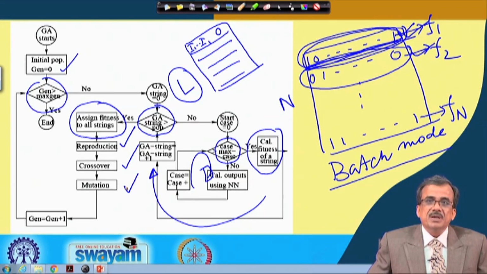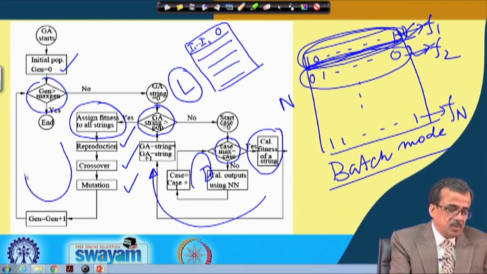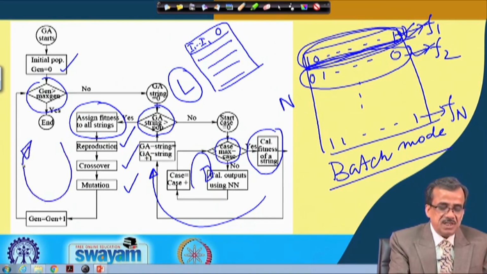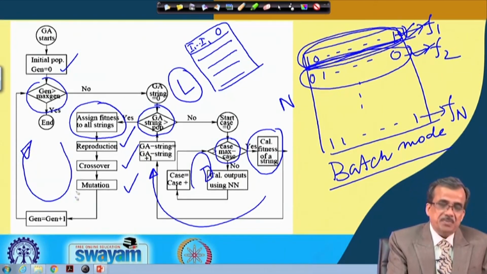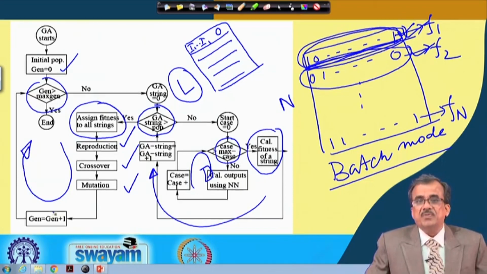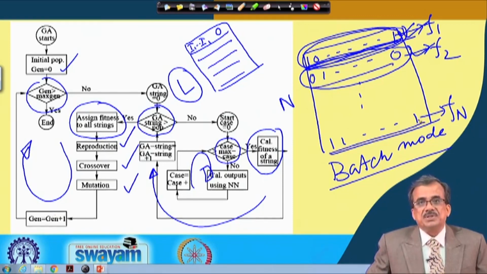Now, this particular process will go on and go on, and this will complete one iteration or one generation of this particular GA, and GA through a large number of iterations will try to find out some optimal design of these particular networks.